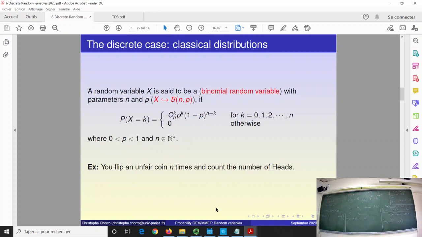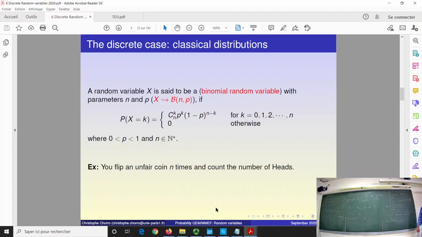I repeat that it's a good exercise to do at home to try to prove this equality, which is exactly equivalent to what I have proved here. The advantage of this solution is that it is short and I have no computations to do. But a good exercise is to try to prove the same result with another approach, computing this term using the law of total probability.